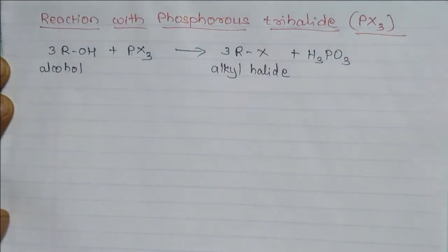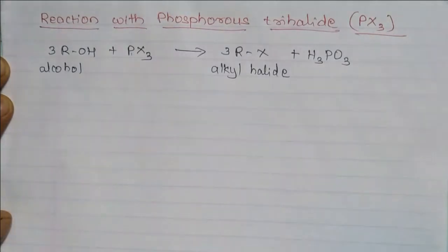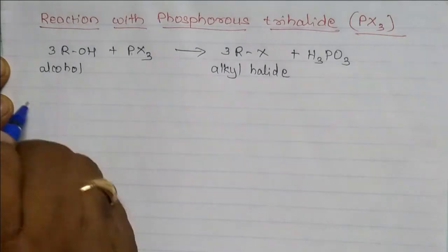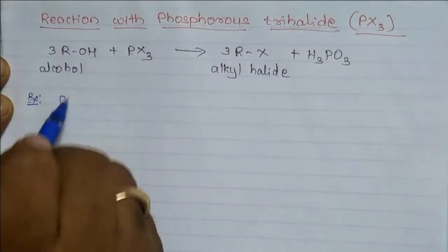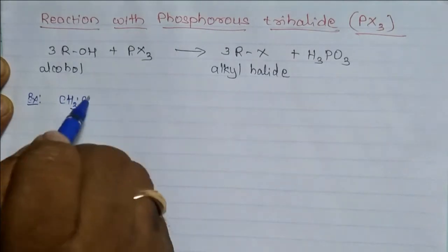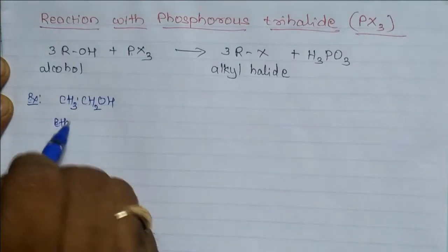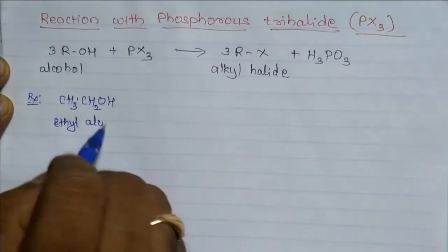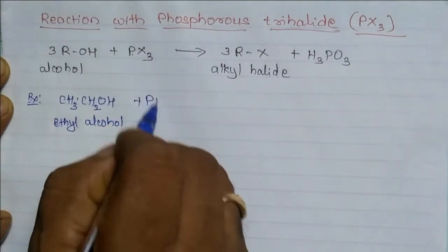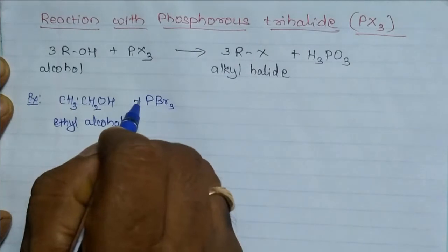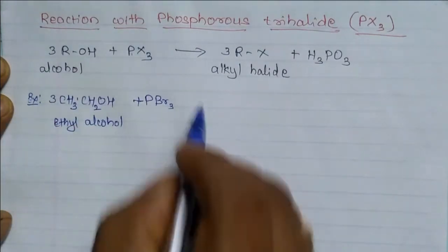Let us discuss one example. This is the general reaction. Example: CH3CH2OH, ethyl alcohol, reacts with phosphorus tribromide. We have already discussed this type of reaction in the haloalkane chapter.